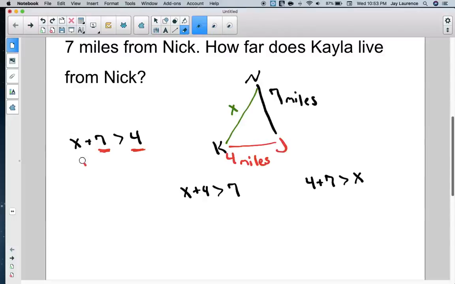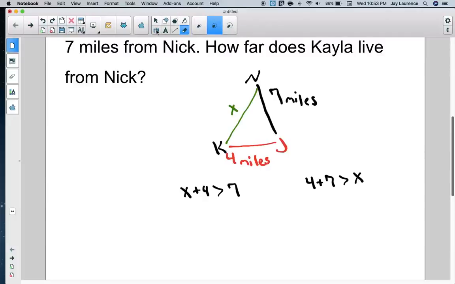I should be subtracting 7. It's going to tell you that x is greater than negative 3. Well, we know that because it has to be greater than 0, so this one is not useful. It's kind of trivial, so we're going to get rid of it. It's not going to tell us anything pertinent.